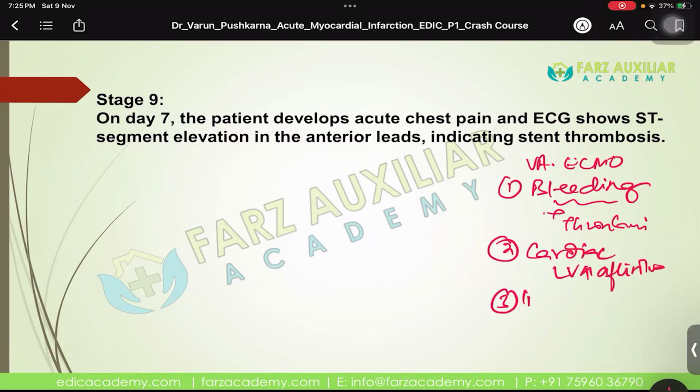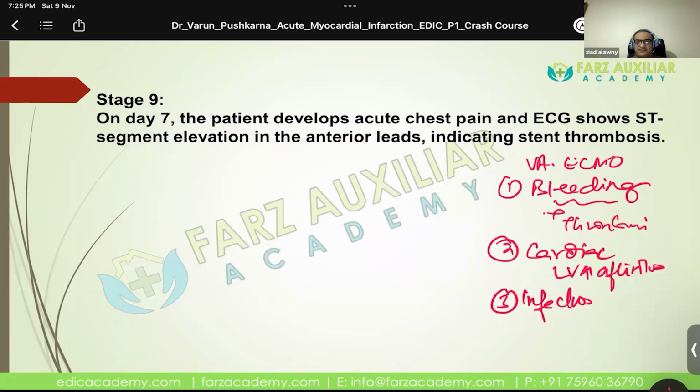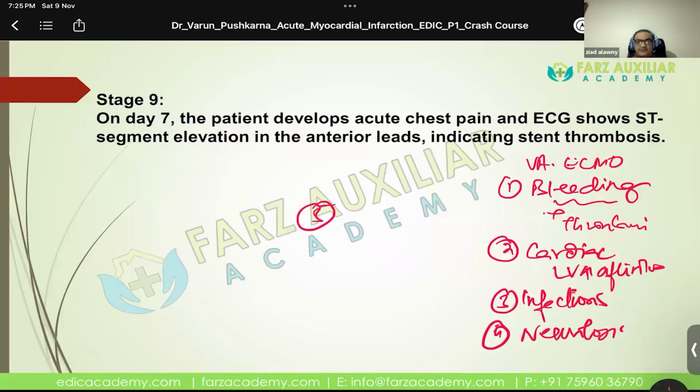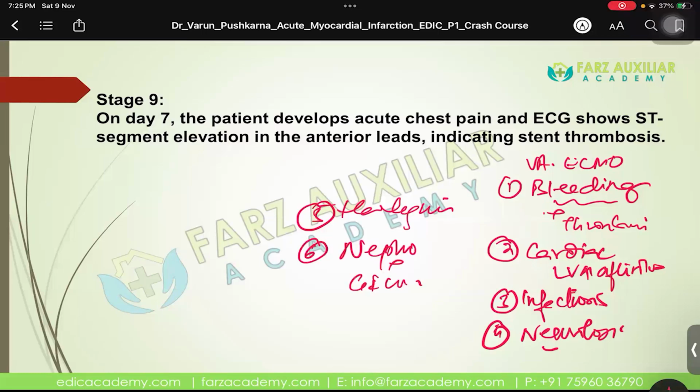And third, infection. Neuro, hypoxic or poor perfusion, and the last one, nephro. Okay, wonderful. So these were the complications for VA ECMO.